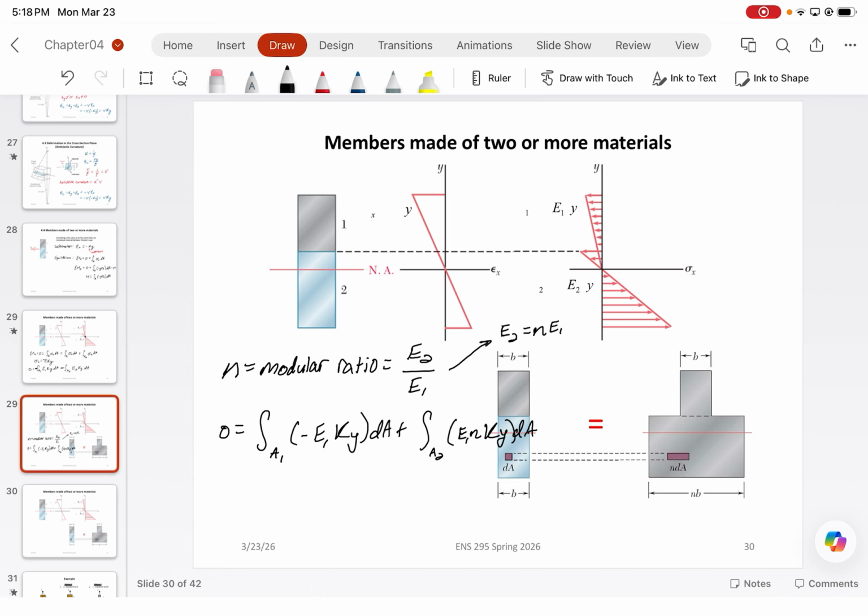And again, those are negatives, so I'm just going to take those negatives out and throw them right here.